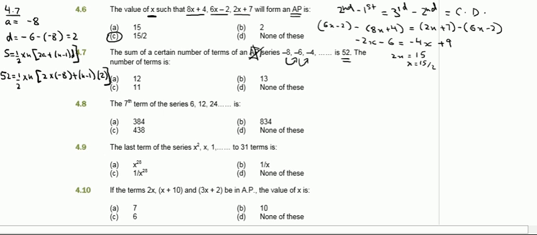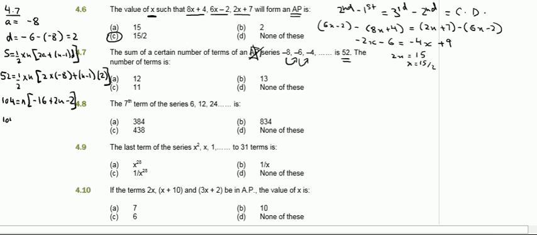Solving it, 52 into 2 is 104, which will be equivalent to n. 2 into minus 8 is minus 16. 2 into n will be plus 2n, and 2 into minus 1 is minus 2.